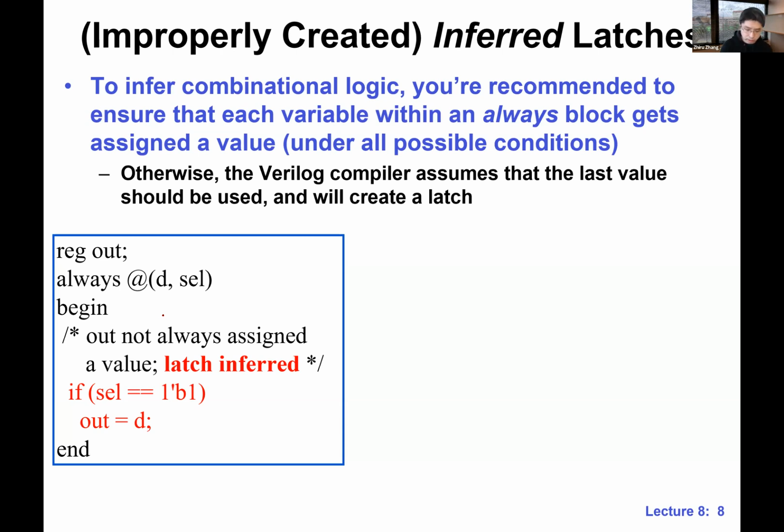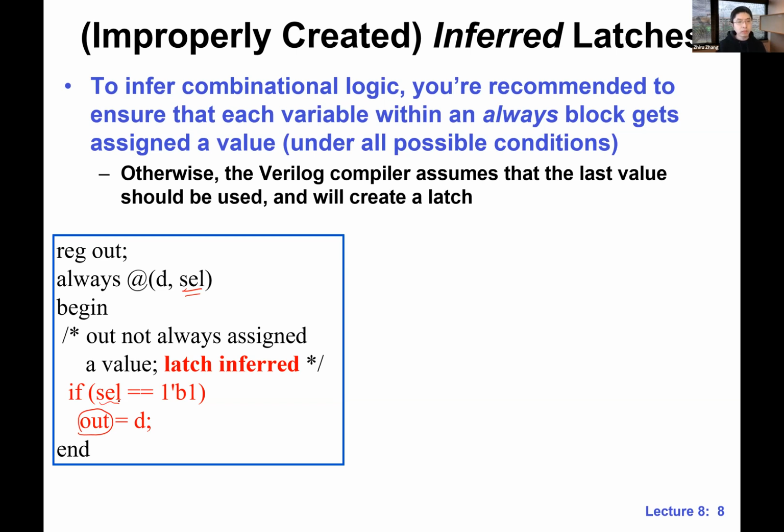So basically, out is going to be inferred as a latch, which is sensitive to the select signal. It's a level-sensitive device. When select is high, we assign to out. But otherwise, what do we do?